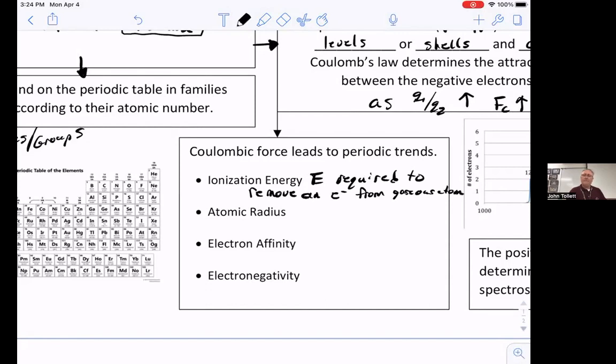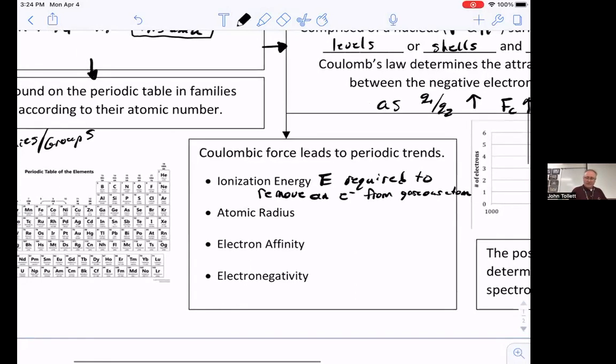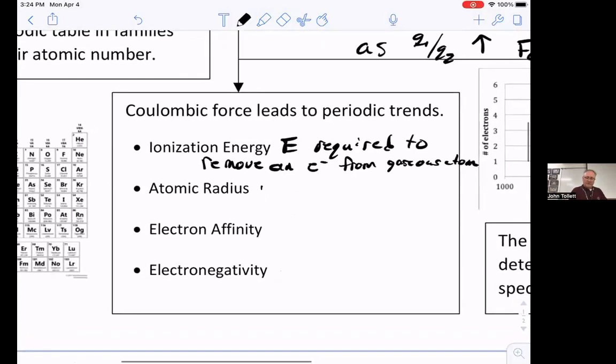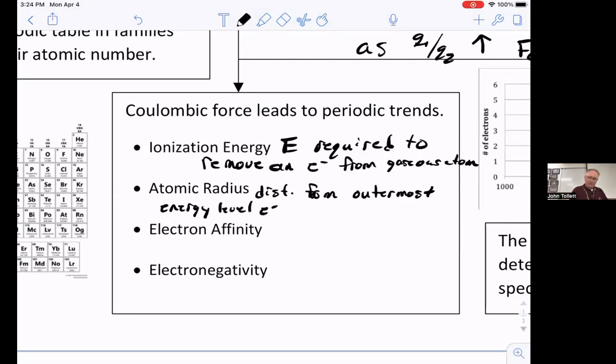The atomic radius is going to be the distance from the outermost energy level electrons to the nucleus. So this is going to be the distance from the outermost, or the valence electrons, energy level electrons to the nucleus.